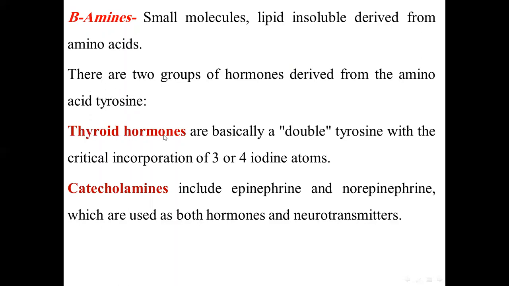Thyroid hormones are basically a double tyrosine with the critical incorporation of 3 or 4 iodine atoms. We have catecholamines, including epinephrine and norepinephrine, which are used as both hormones and neurotransmitters.